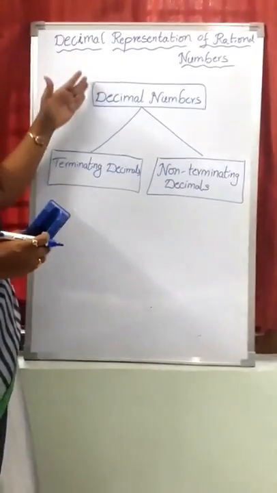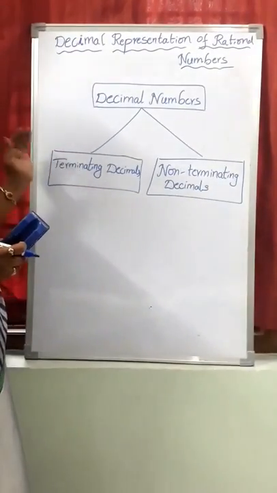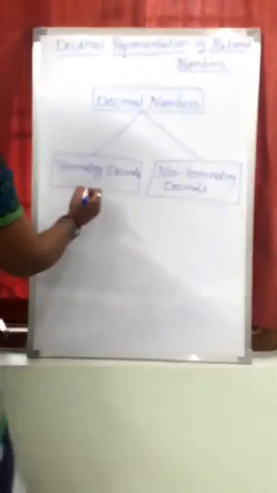So these decimal numbers are once again classified into terminating decimals and non-terminating decimals. Now see what are terminating decimals.